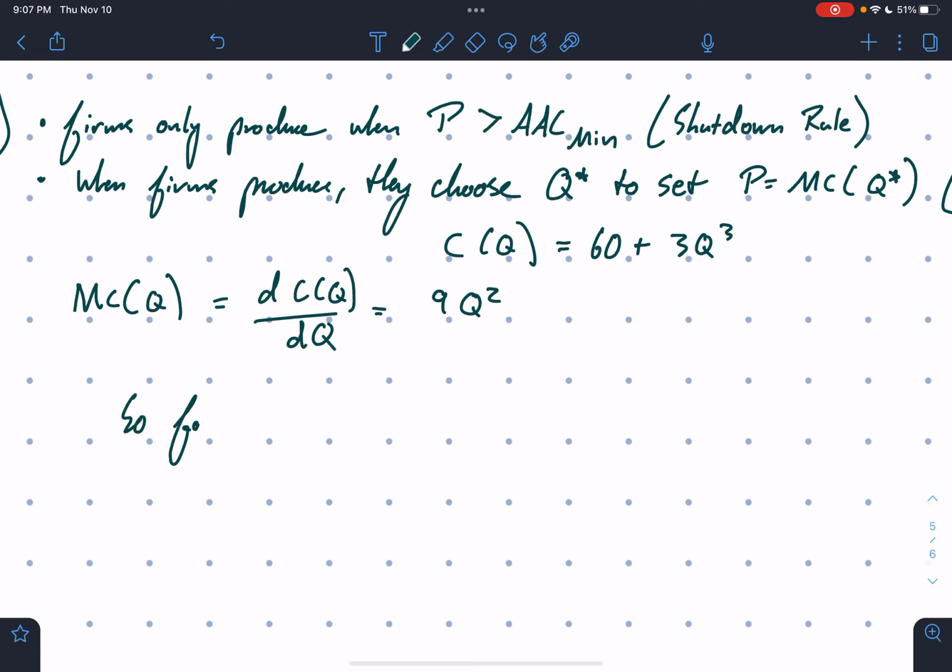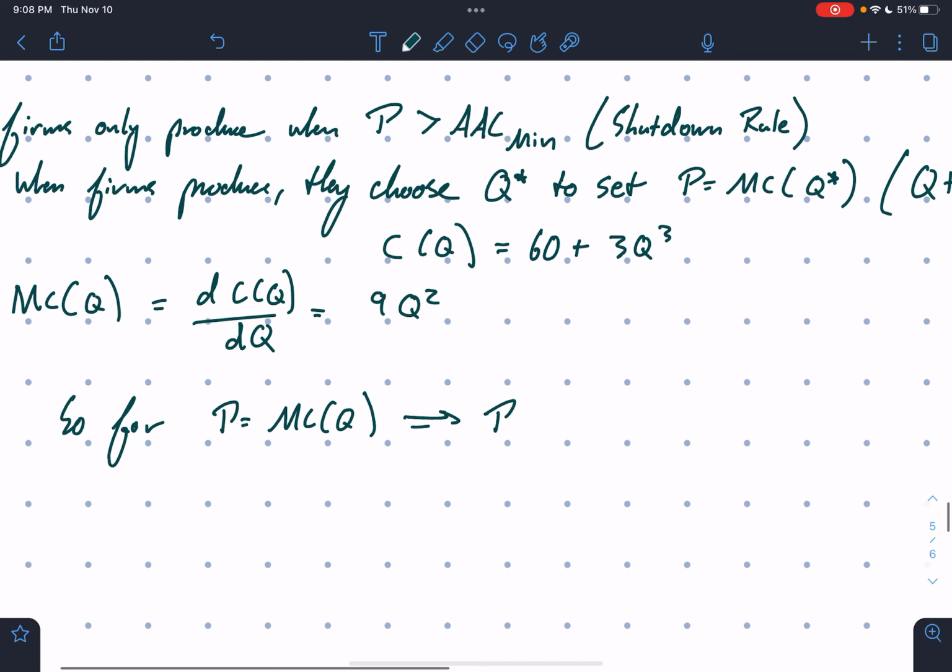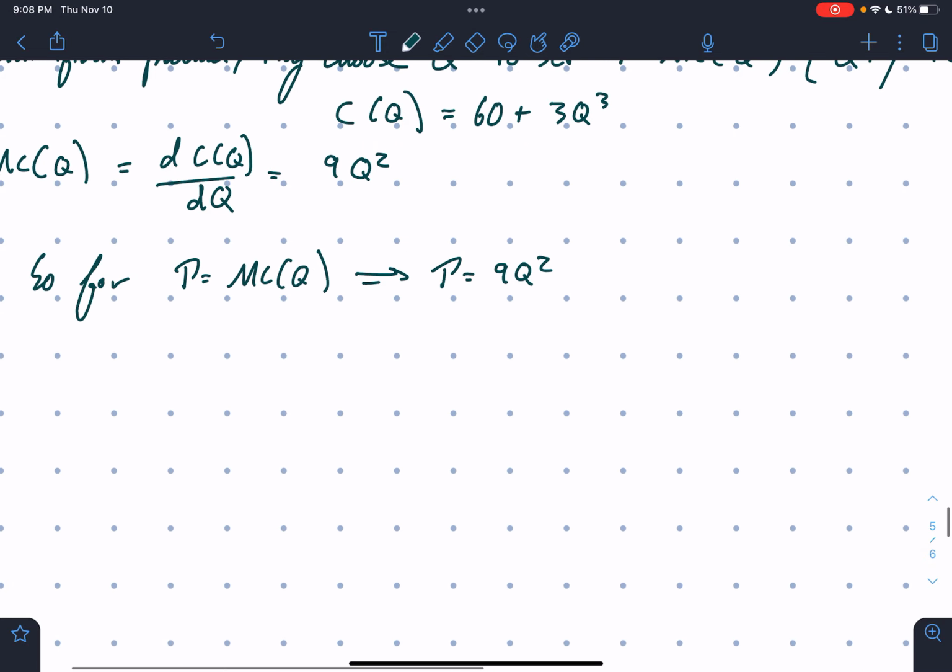So for P equal to MC of Q, we need P is equal to 9Q squared. This is going to be true only when Q squared is equal to P over 9.